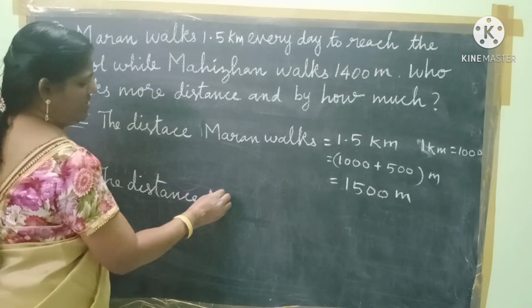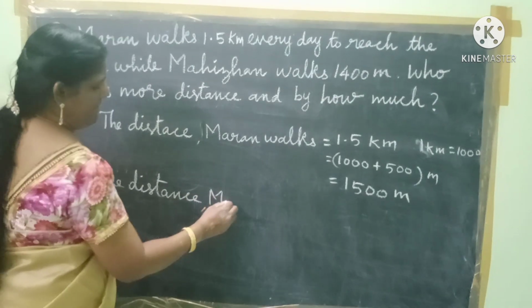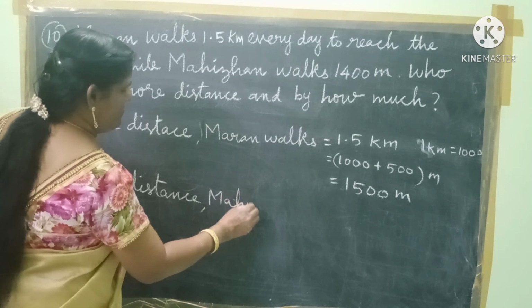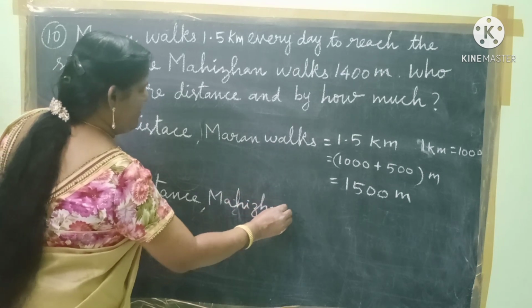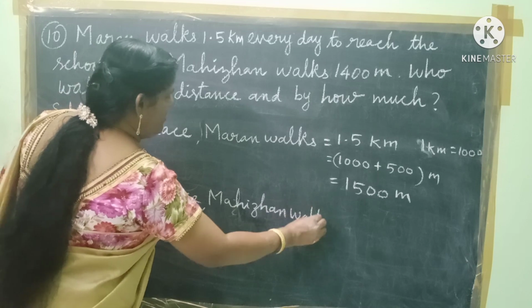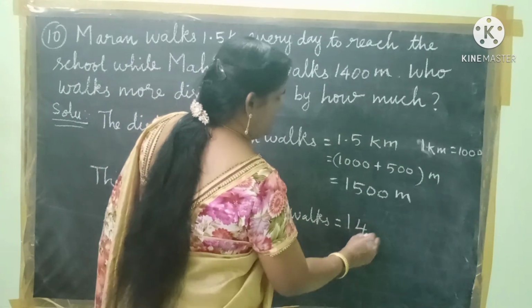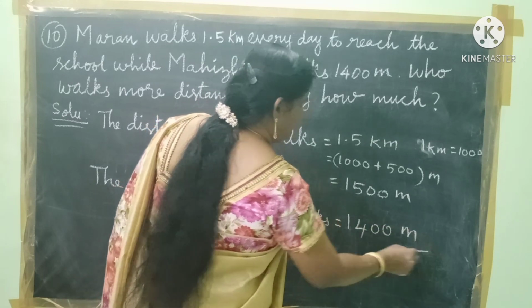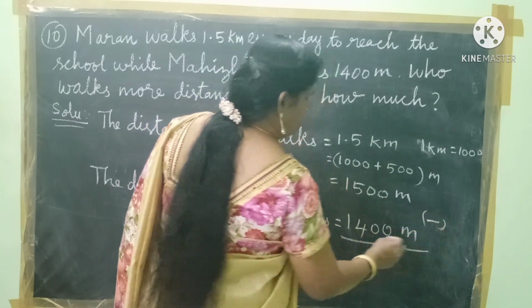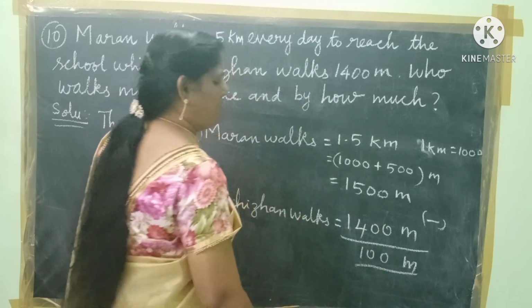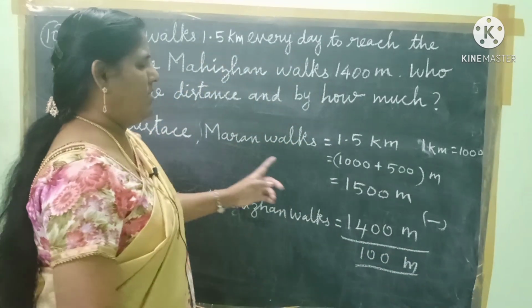Next, the distance Mahiran walks. How much does he walk? 1400 meter. So if you subtract, what is the remainder? 100 meter. So who walks more? Yes, Maran walks more.